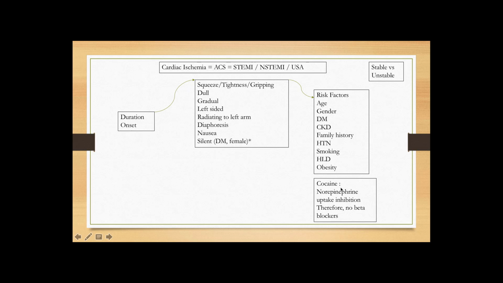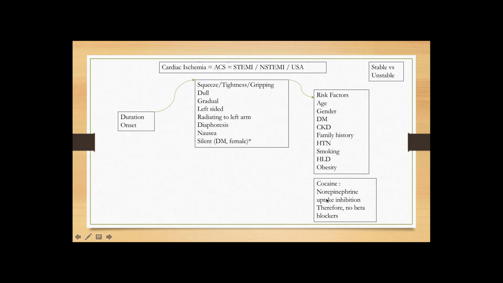The mechanism of action of cardiac ischemia is that there is norepinephrine uptake inhibition by cocaine. So there is a huge amount of sympathetic overtone, and that is how these patients get heart attacks. Therefore, whenever we are treating these patients with cocaine induced ischemia, we should not give them any beta blockers, because there is going to be unopposed sympathetic drive by cocaine.